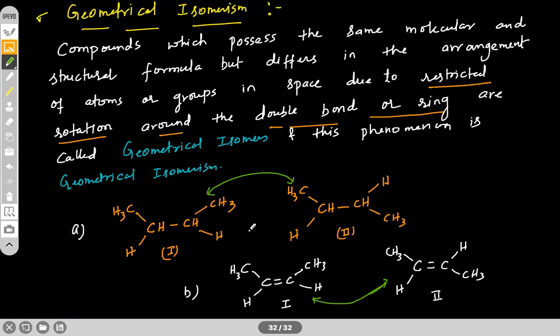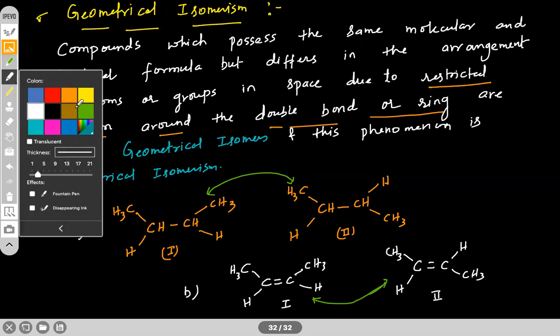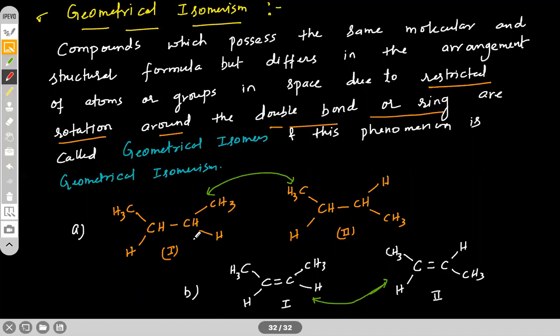When you look at these two compounds, they are exactly the same. If you rotate this bond, keeping this fixed and just rotating this, this comes over here and H comes onto the CH3, and you'll get this. This rotation will get you this. So these two are identical, the same compound.